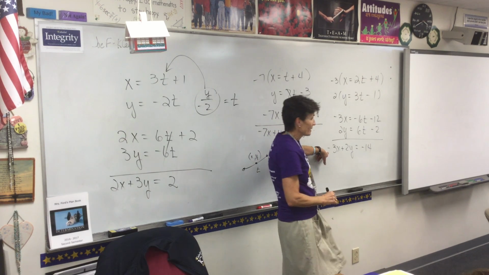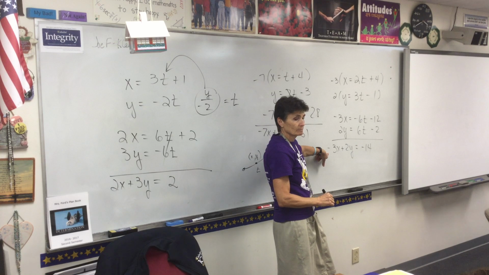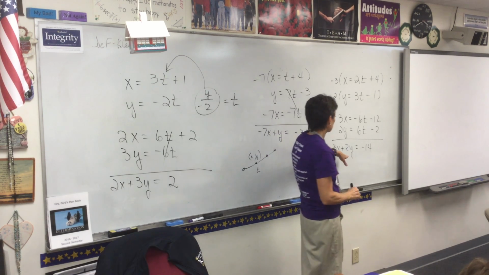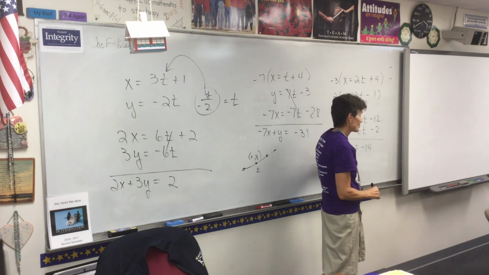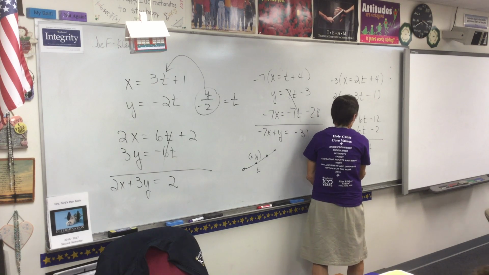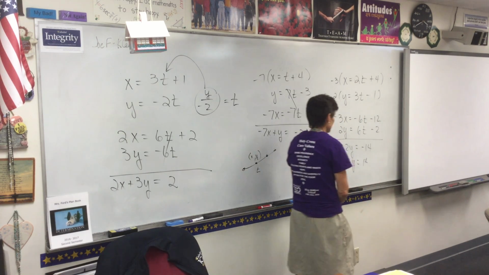This is what I got. Anybody else get this? Is it okay for me to do 2 negatives? Yeah. Then you had 3x minus 2y equals 14. Same equation. Actually, fewer negatives, so it's even a nicer equation.